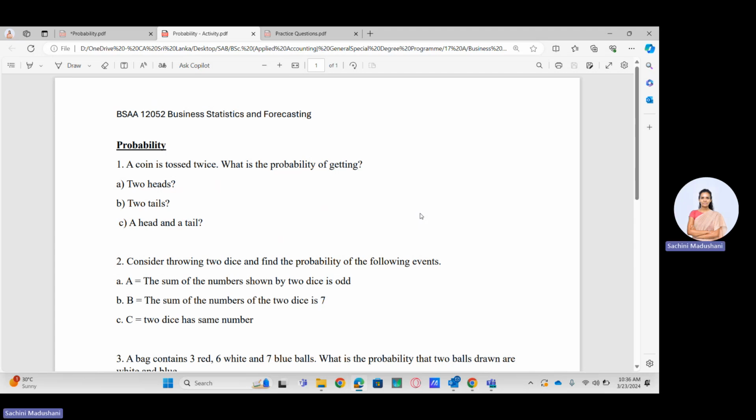What is the answer? 2 over 4. Through the branch we multiply. Branch to branch we add. Now clear? This is the way we can find the probability value. You can write all the sample space or you can draw the tree diagram. Understood? Okay.